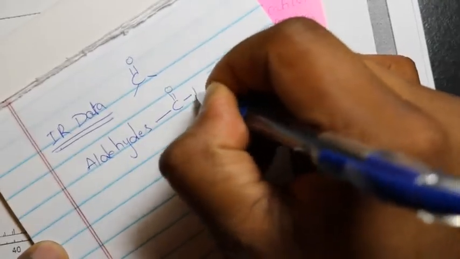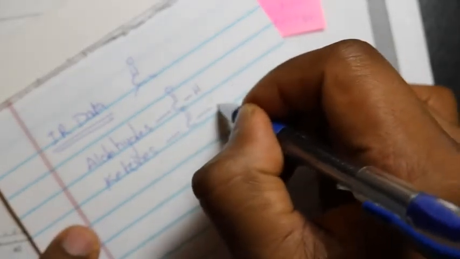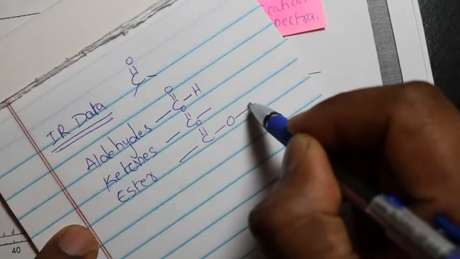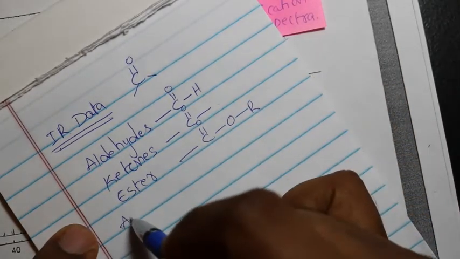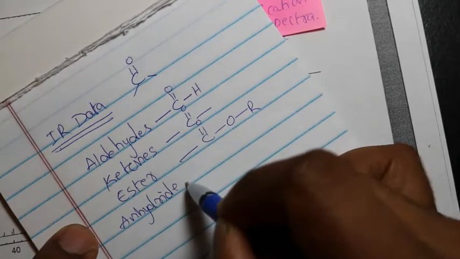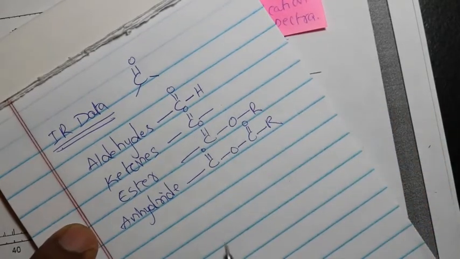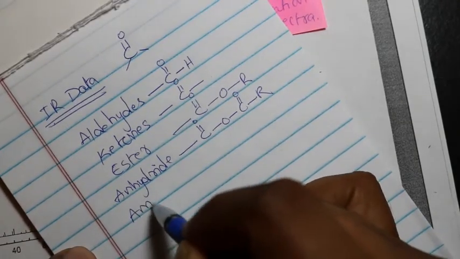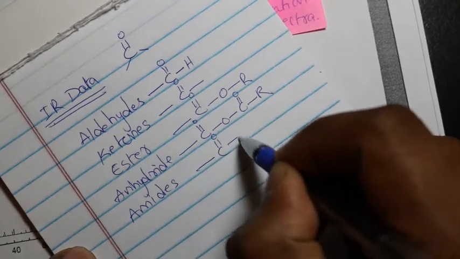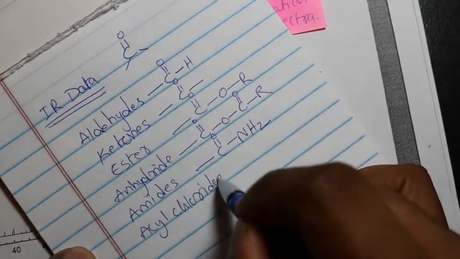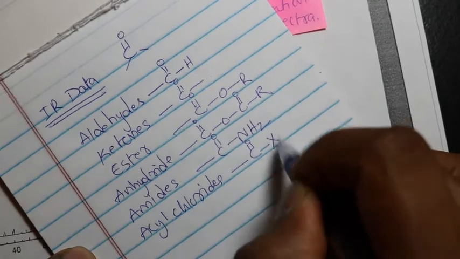Aldehydes, which is C double bond O with hydrogen, and ketones, which is C double bond O with the other alkyl substitution, and ester, C double bond O, O and alkyl group, anhydride, C double bond O, O and C double bond O and R group, and also amides, C double bond O, NH2, and acyl chlorides, C double bond O with halogens.